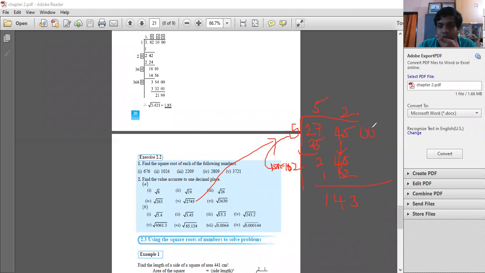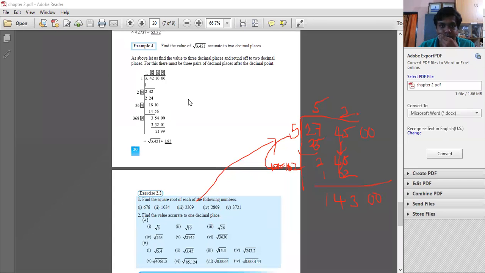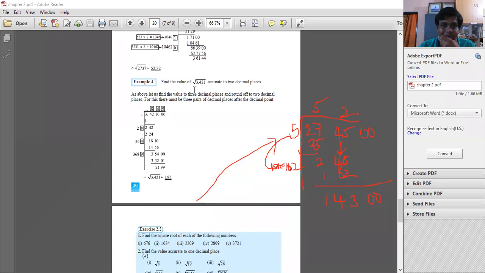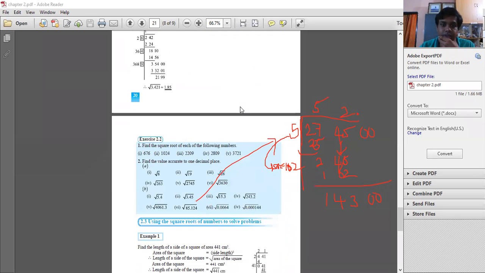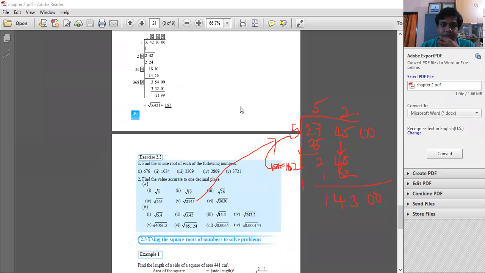Put 2 zeros at once. That's the method. Usually we put 2 zeros, as I remember.